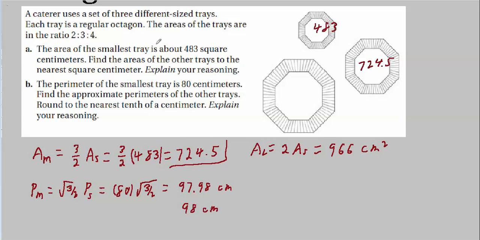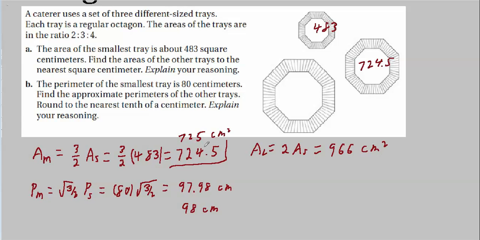And for this one, to the nearest square centimeter. Well, so I guess I shouldn't have put the 0.5 in here. I should have made this 725. That would be the nearest centimeter, wouldn't it? Yeah. So, actually, they didn't ask for tenths in this one, so the correct answer here would probably be, by correct, I mean the full credit answer.